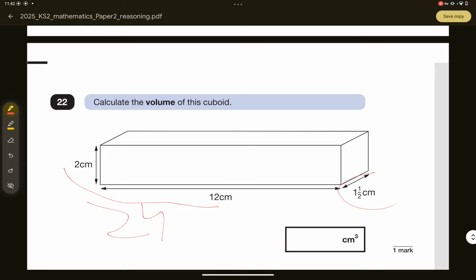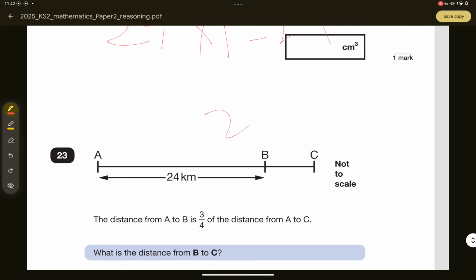And then we need to do 1.5. 24 times 0.5 equals 12, so 24 plus 12 equals 36 because we're timesing by 1.5, not 0.5.